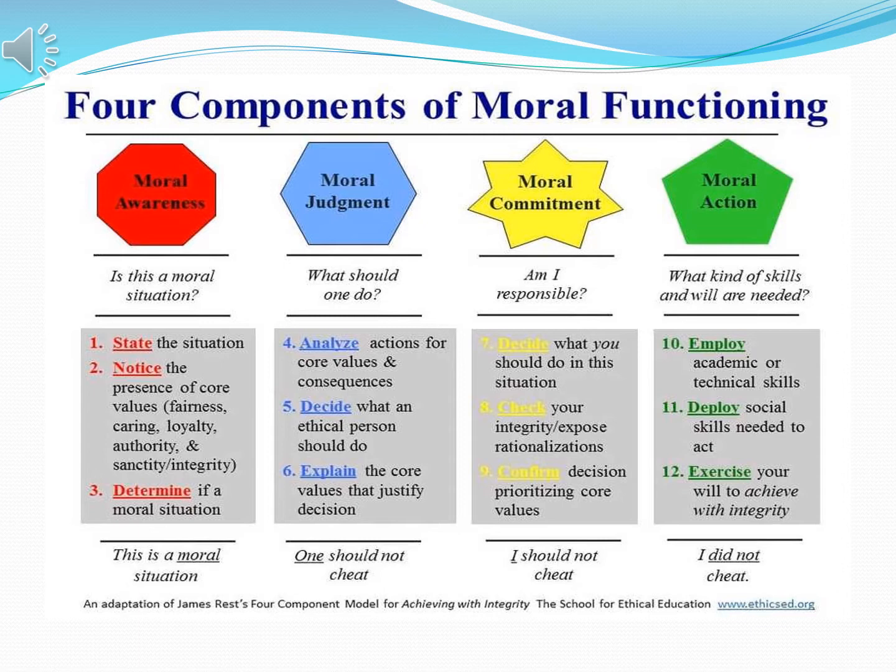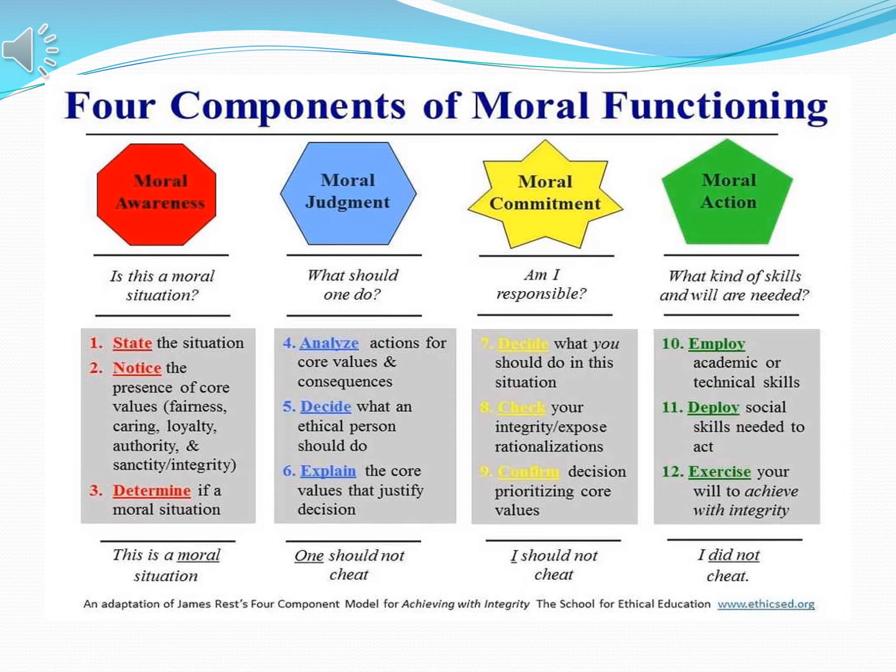Then is the moral action: what kind of skills and will are needed. Implement academic or technical skills: you should have all the skills to implement those decisions, including your academic and technical skills, and deploy the social skills needed to act, and then exercise your will to achieve with integrity.